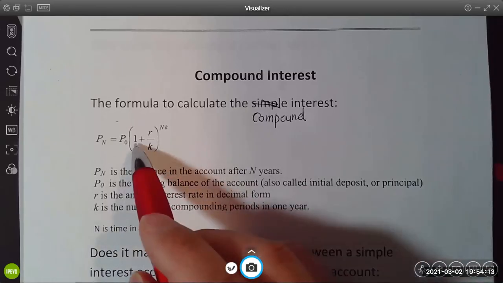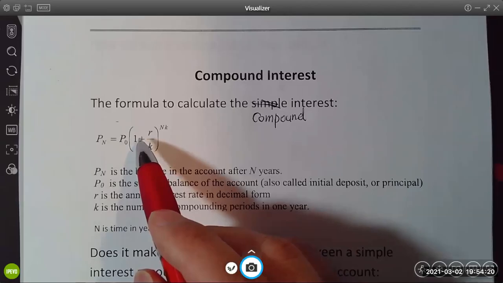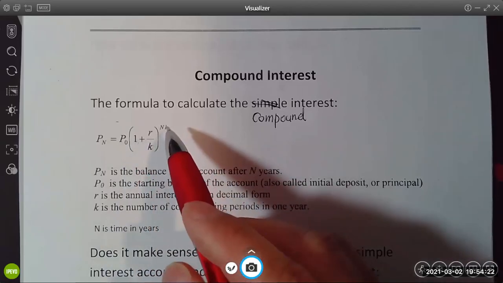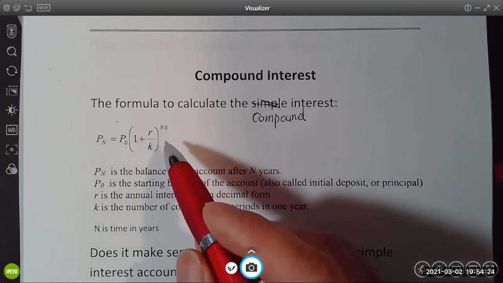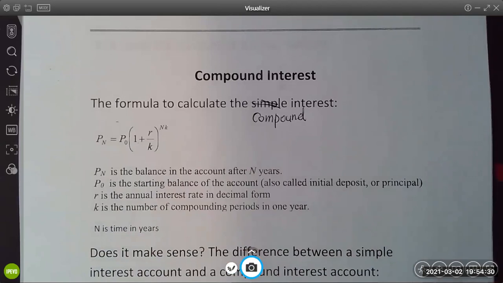And 1 is part of the formula, which represents the deposit or the loan amount. And R is the interest rate, which is always an annual rate. And K is a number that represents how many times the account is compounded per year.